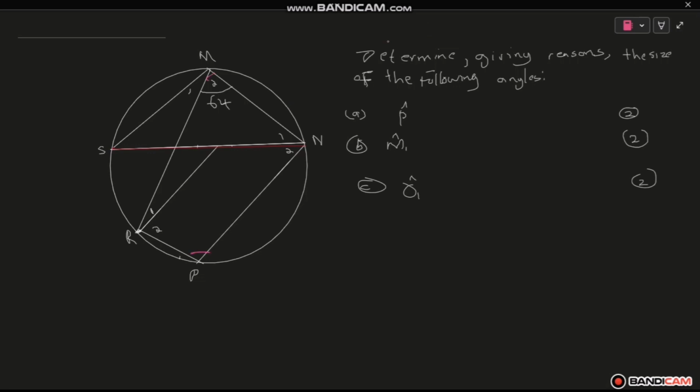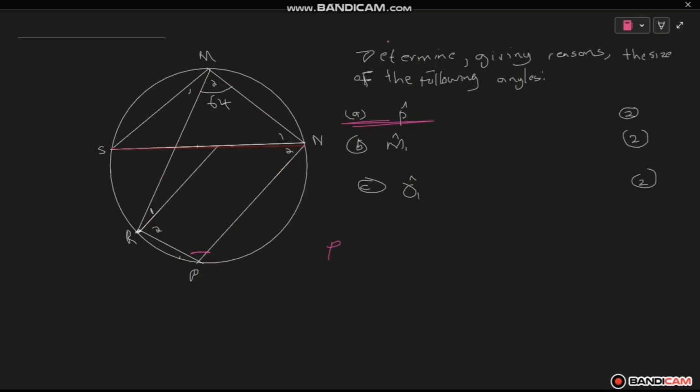Then we know that angle P, as you can see, MRPN, and it goes back to M. That's a cyclic quad, right? Because M, R, P, and N are touching the circumference. That makes R1 and R2 plus N1 and N2 equal to 180, right? The reason will be opposite angles of a cyclic quad.